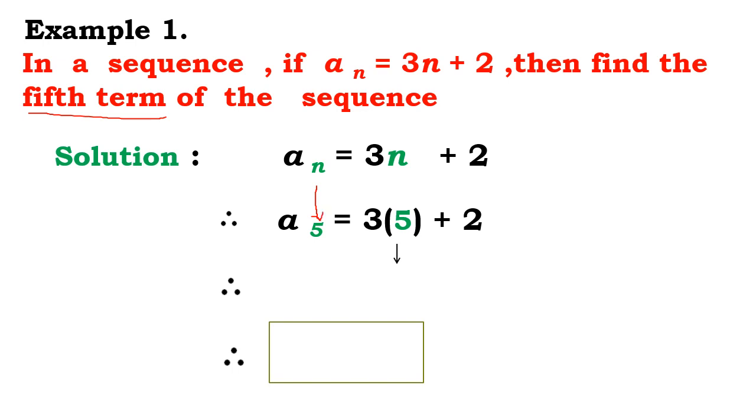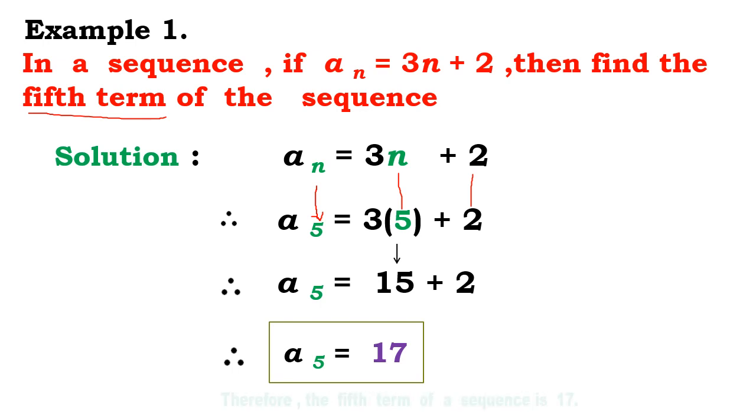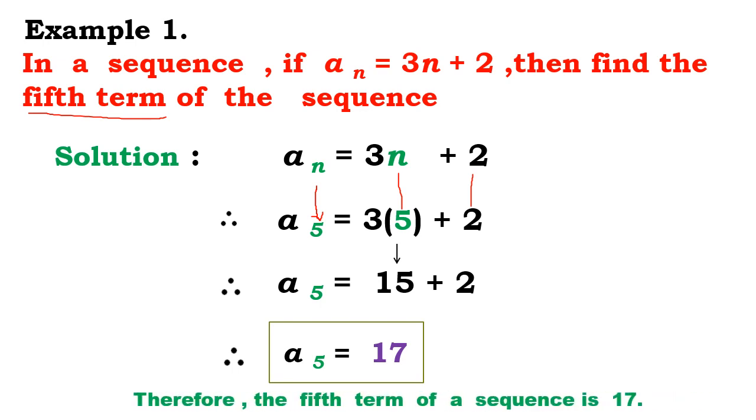Therefore, 3 as it is, in the place of n we apply 5, plus 2 as it is. Therefore, A5 equals 3 fives are 15, plus 2. A5 equals 15 plus 2, which is 17. Therefore, the fifth term of the sequence is 17. Example 2.